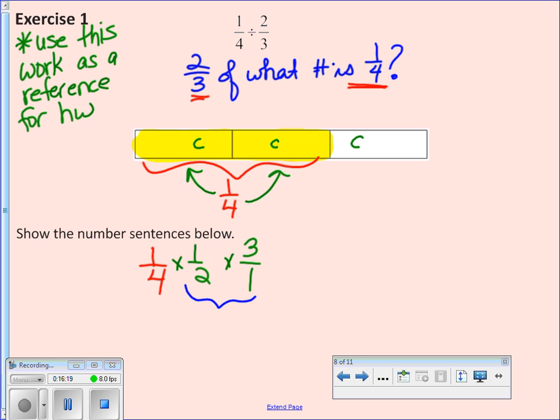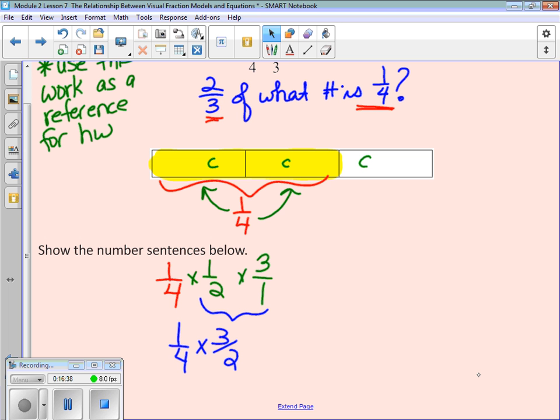I'm going to condense those 2 steps. Instead of multiplying it by a half and then multiplying it by a third, 1/4 times 3/2. Who's not sure where 3/2 came from?